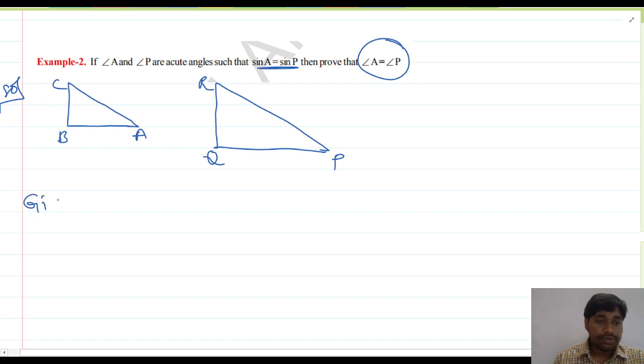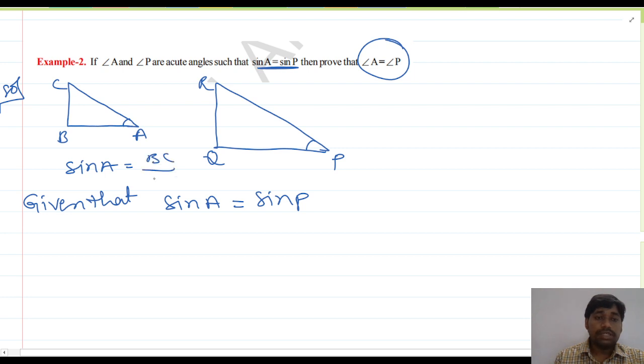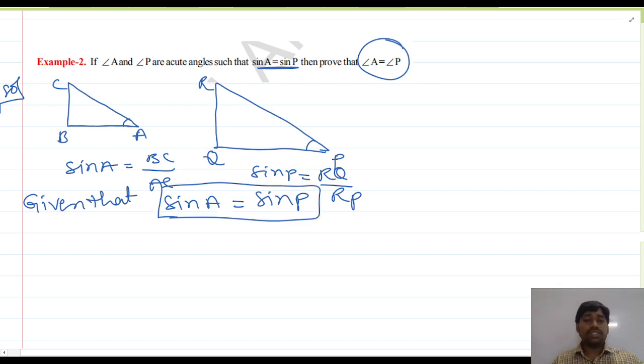Given that sin A is equal to sin P. Write sin A: sin A is opposite BC upon hypotenuse AC. Write sin P: sin P is opposite RQ upon hypotenuse RP. So if two trigonometric ratios are equal, then the ratios of sides are also equal.